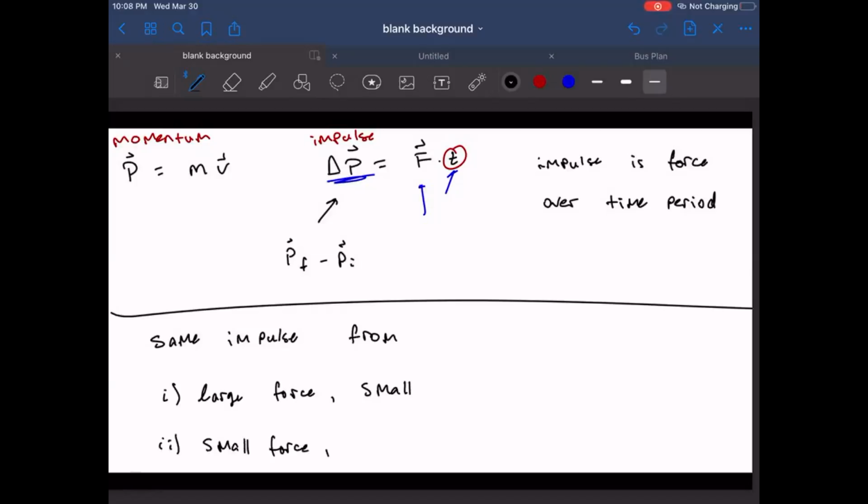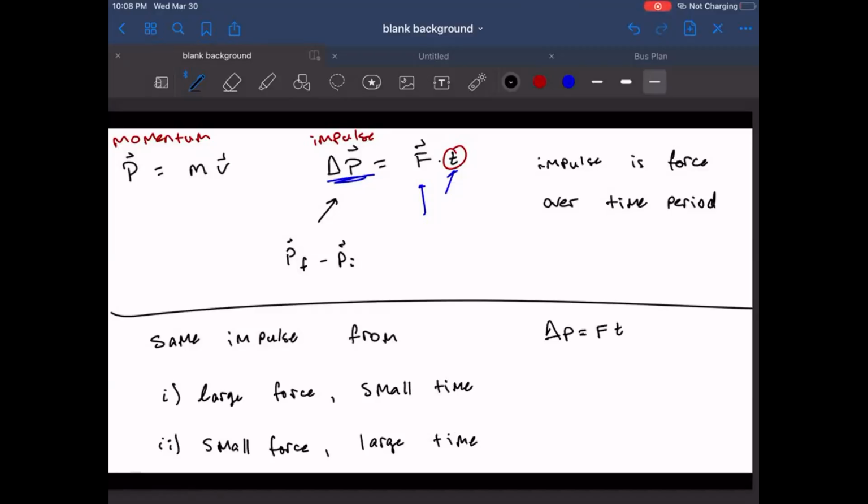Does that concept make sense? It's okay to spend some time on it because this is in physics a lot. It's just talking about proportional relationships, right? Small time. Does that make sense? Because of this equation here.